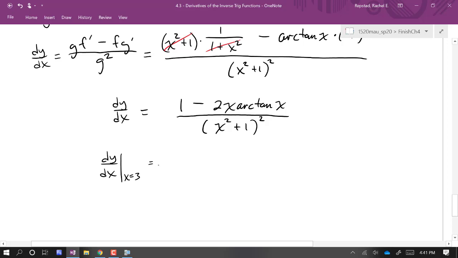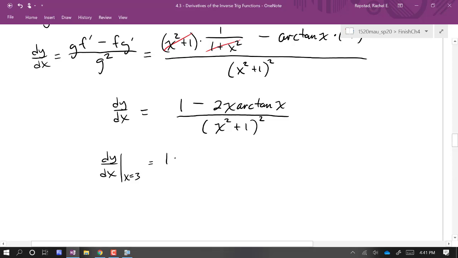Now because this function involves a trig function, or actually an inverse trig function, we're going to make sure that our calculator is in radian mode. Everything always in radians, unless it's stated explicitly that you need to use units of degrees or something.